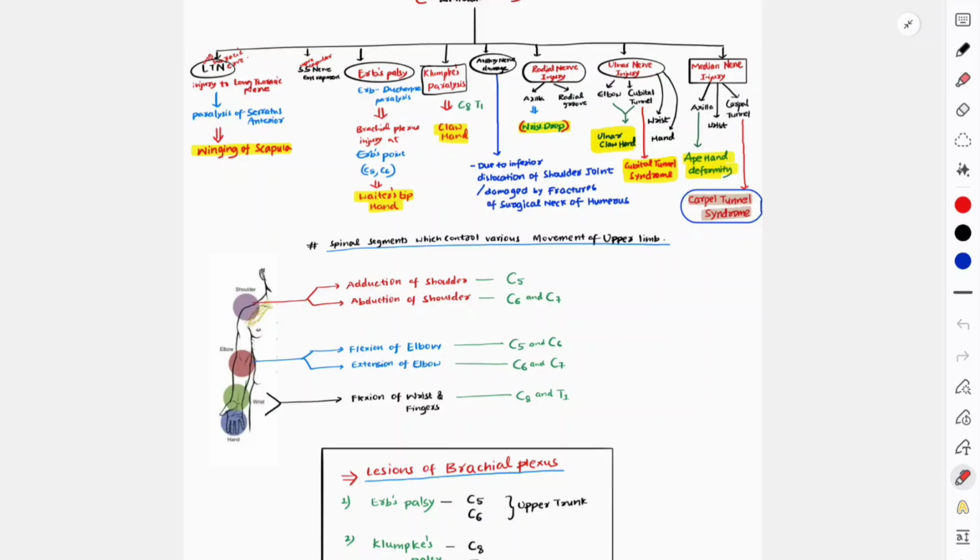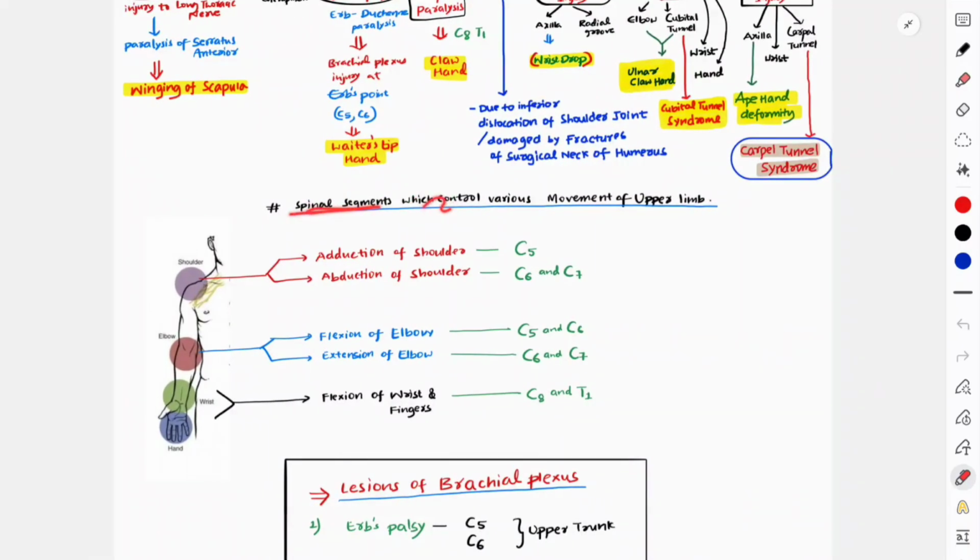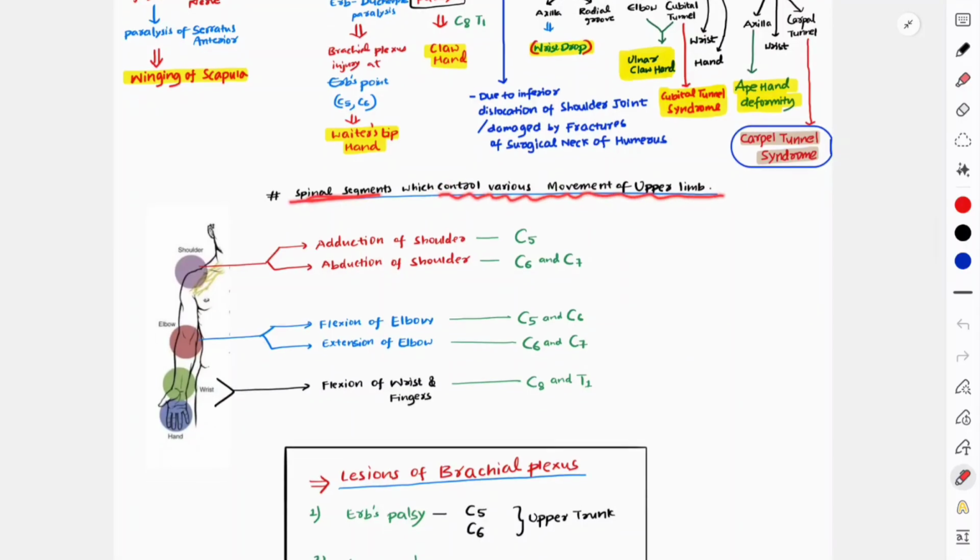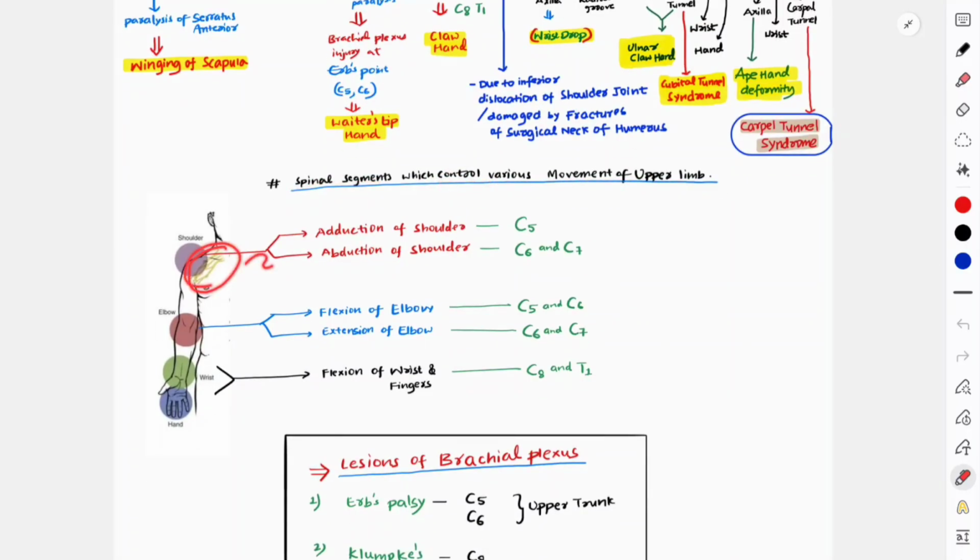And we will also discuss the spinal segments which control various movements of the upper limb. As you can see here, this is the brachial plexus, right? It innervates all of the upper limb. At the shoulder, adduction of the shoulder is caused by the C5 segment, and abduction of the shoulder by the C6 and C7 root segments. At the elbow, flexion is caused by C5 and C6 of the spinal root, and extension of the elbow by C6 and C7 spinal root.